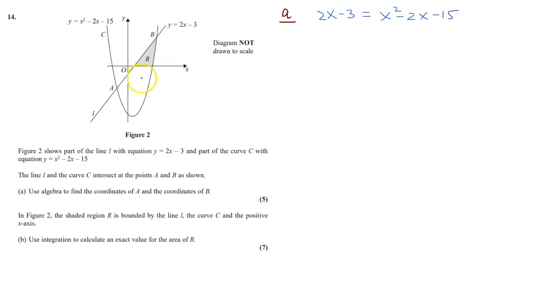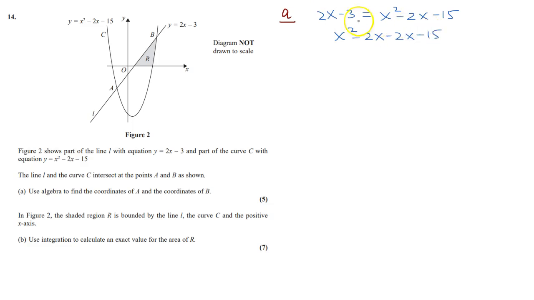Whenever you find two lines intersect or two curves intersect or a curve and a line intersect, these are the two simultaneous equations. This is the value of y, this is the value of y, so both are equal. Now we try to simplify it. So x square, this is minus 2x, this 2x will go, it will become minus 4x.